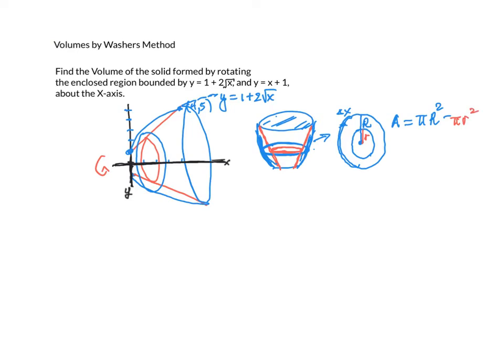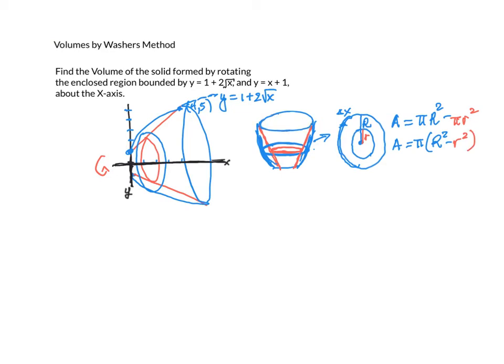And if we factor out the pi, because that's the constant, we can say pi, bring it outside, and in parentheses, big R squared, the big radius squared, minus the little radius squared. And that's the area of this washer.